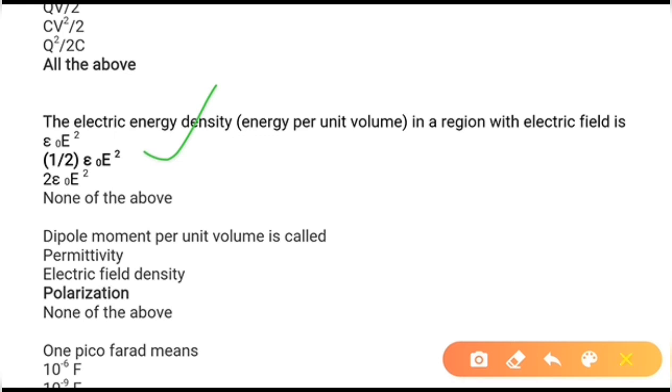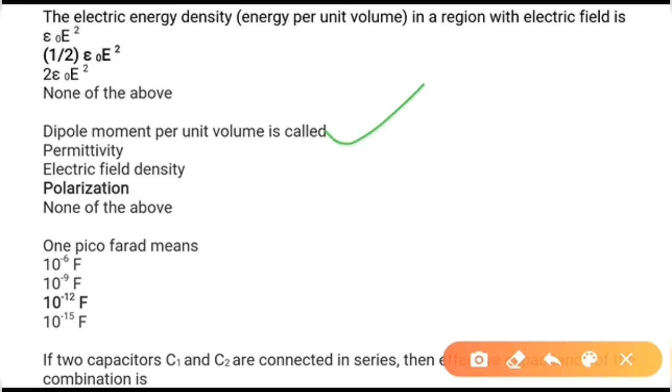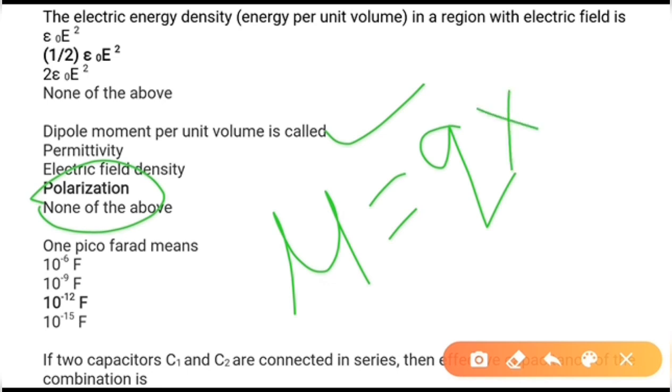Next one, the dipole moment per unit volume. Already the direct definition is for polarization. Polarization is called dipole moment per unit volume. We know that dipole moment is equal to charge into distance between the two charges, q into 2a.